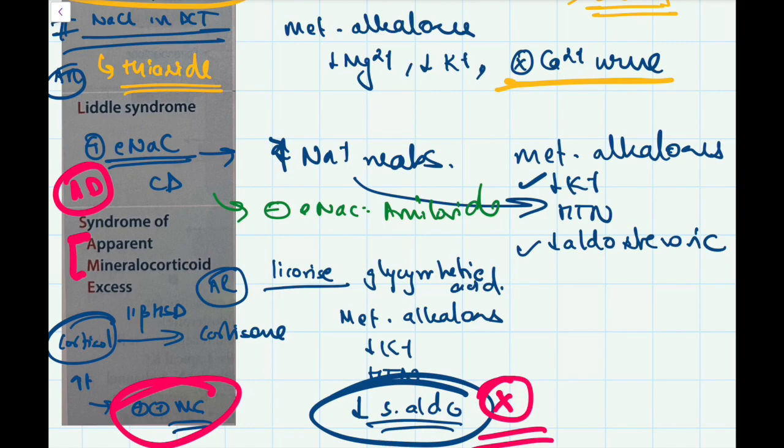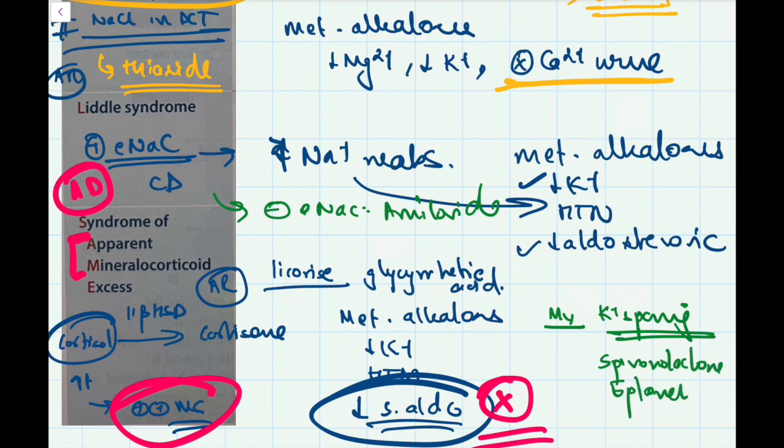For management, potassium sparing diuretics are given because they decrease the mineralocorticoid effect, like spironolactone or eplerenone, or corticosteroids can be given because the exogenous steroids will cause negative feedback, decreasing the mineralocorticoid receptor activation.